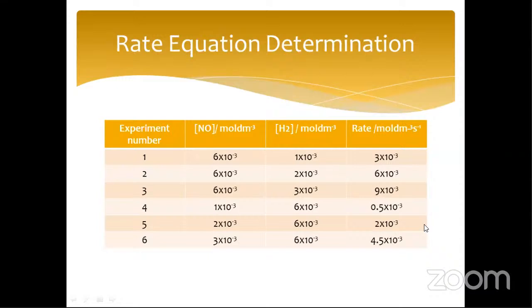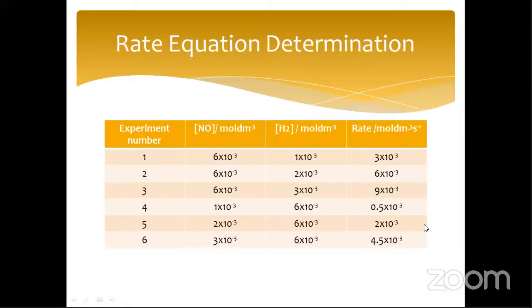Now, how is it that I can mathematically show this? If I am comparing, I can set up a ratio, because sometimes the questions are not just 1 mark, and sometimes they may ask you to calculate, and if they ask you to calculate, they expect you to show how you come up with your information. So I could decide that I am going to set up the ratio between the concentration of experiment 5 and experiment 4, and then with respect to the rate.